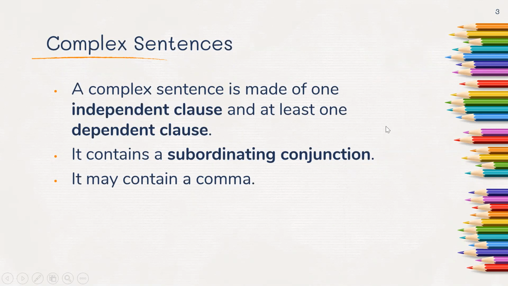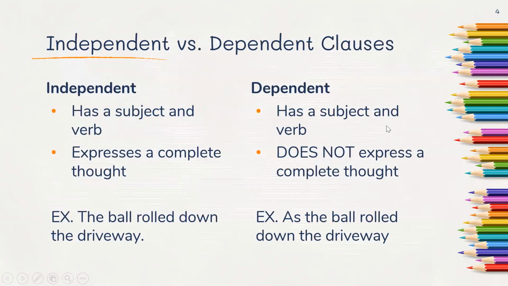Well, what are those things? We talked about independent clauses in the last video, because to be a simple sentence, you had to have one independent clause. And a compound sentence had two or more. So an independent clause, to review, has a subject and a verb, and it expresses a complete thought.